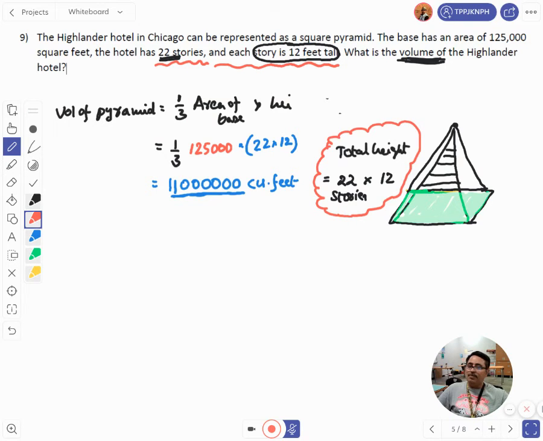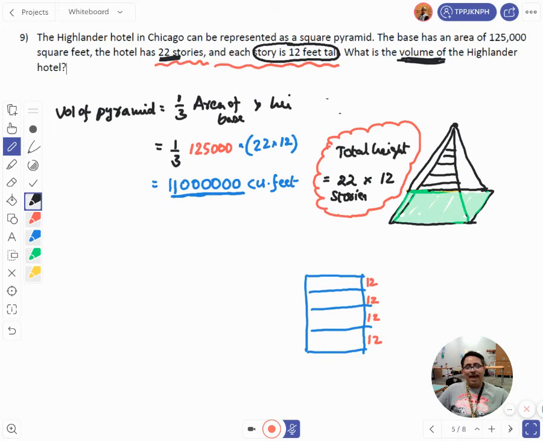If you want, let me remind you of that example. Let's say that a four-storied building. Earlier, I have taken 10 feet, and now this time let me change the number. Let's say that each floor is 12 feet. So what is the total height?